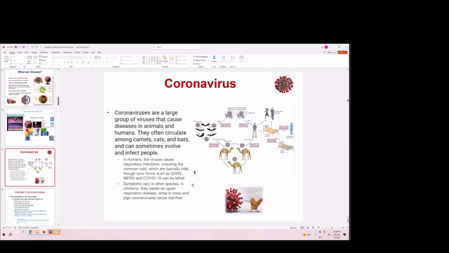The COVID virus that we had, and even earlier forms that were different, like SARS and MERS, but among these, COVID was the most dangerous. Now we are having the H1N1 virus. Symptoms vary. Most of these affect our respiratory tracts.